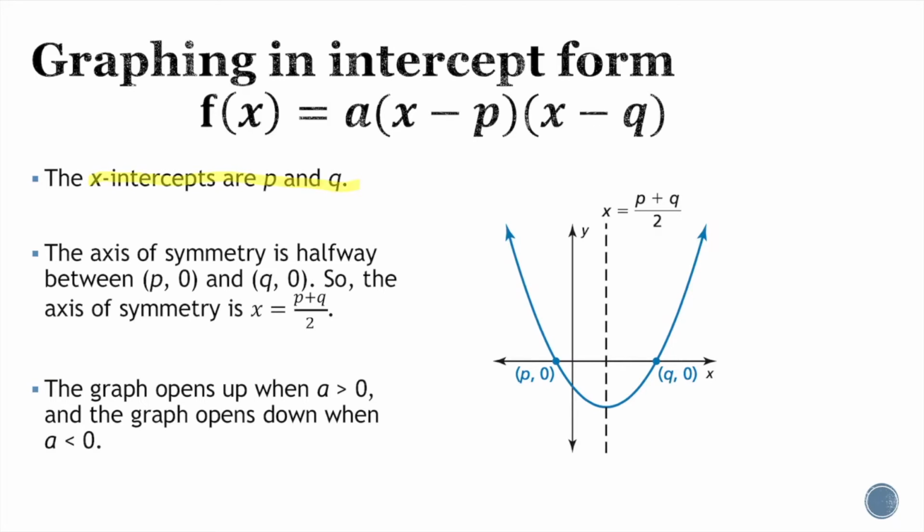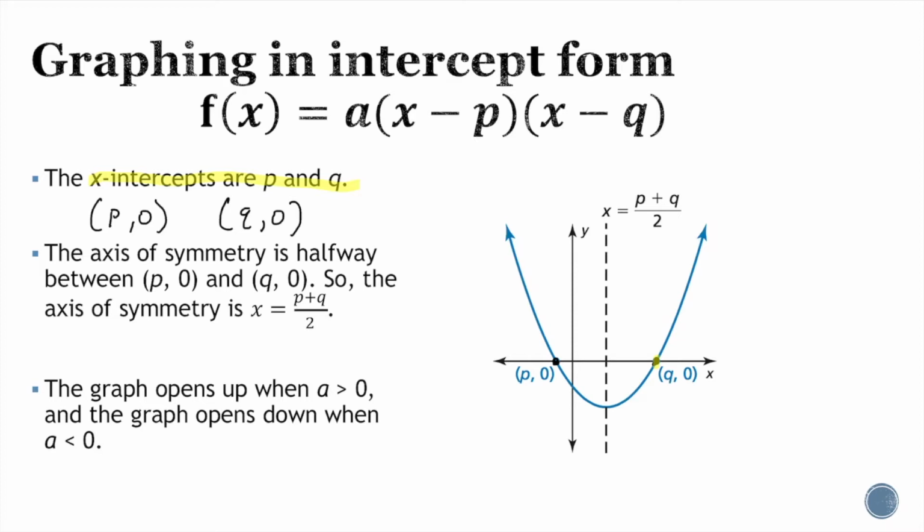What that means is that they lie on the x-axis. As you can see on the graph, we have 2 points that lie on the x-axis, resulting in a value of 0 for y.